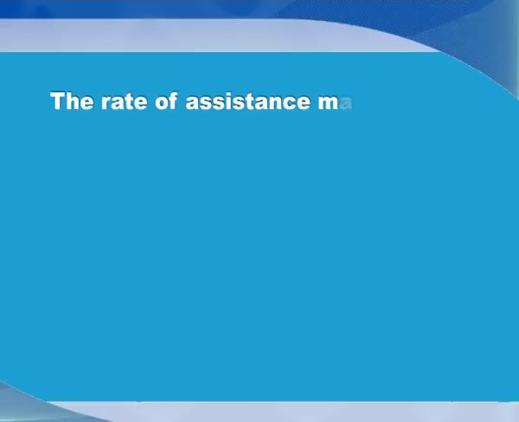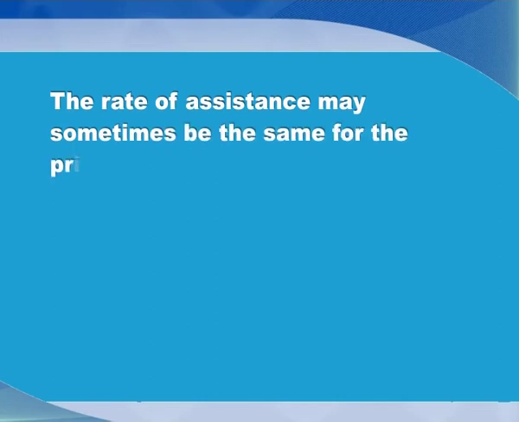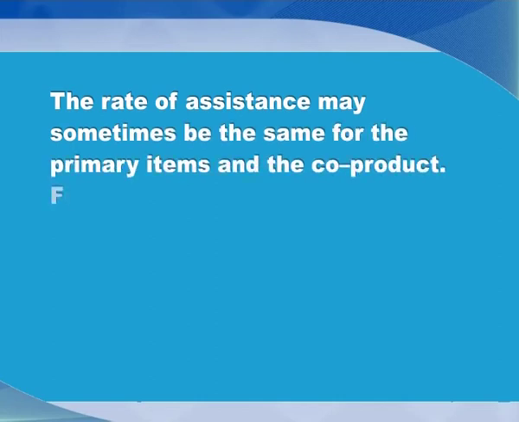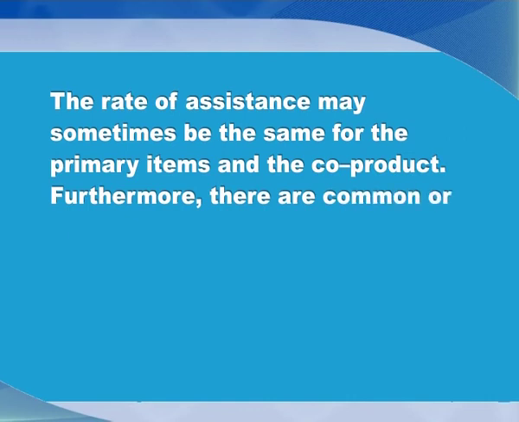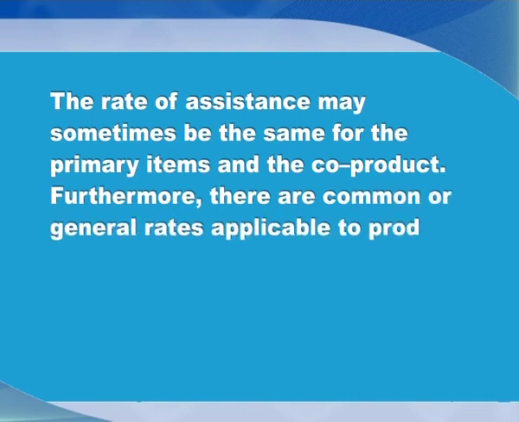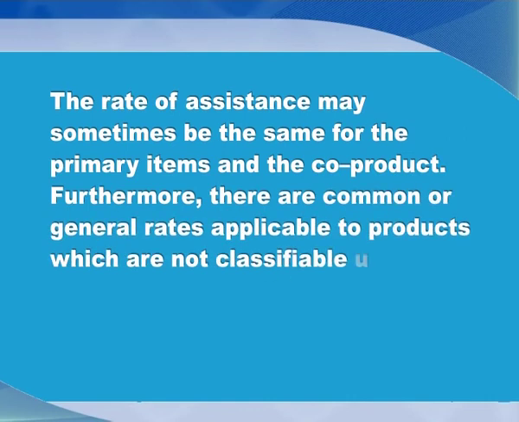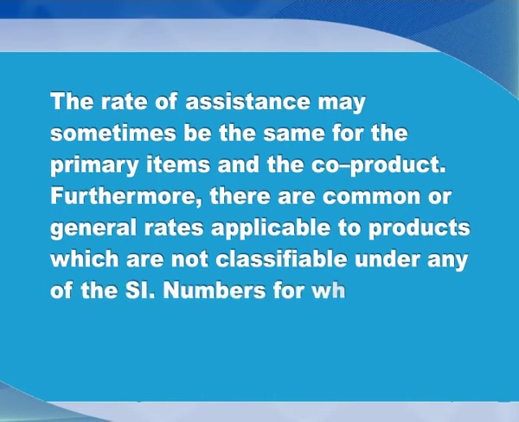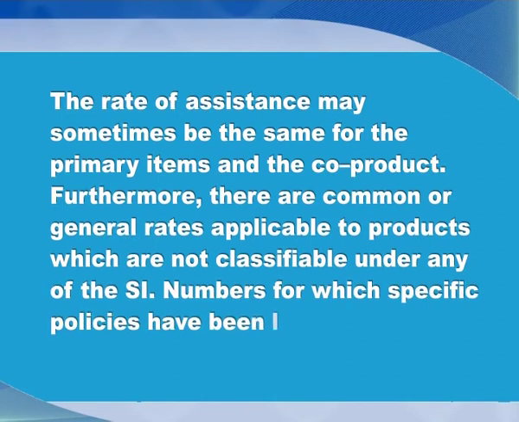This is specifically important, as the classification of a primary or main product may differ from those of its components or accessories. The rate of assistance may sometimes be the same for the primary item and the co-product. Furthermore, there are common or general rates applicable to products which are not classifiable under any of the SI numbers, for which specific policies have been laid down.